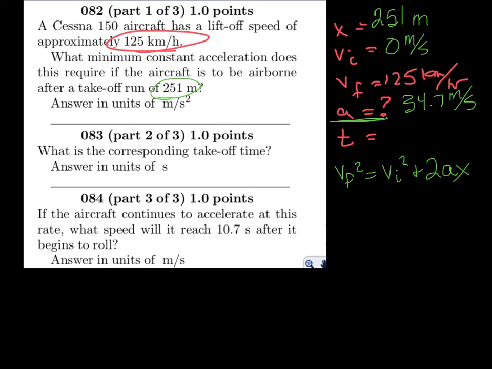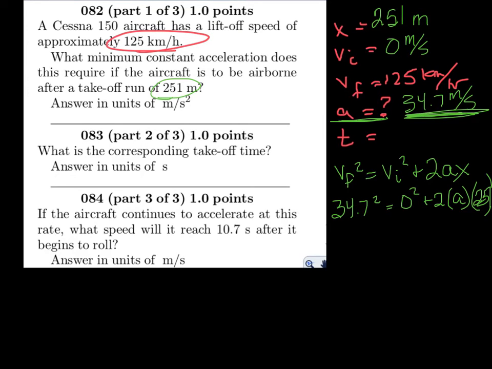Okay, our final, we're going to use the meter per second version of it. 34.7 squared is equal to our initial, 0 squared, plus 2, we're looking for our acceleration, times our displacement, 251 meters.